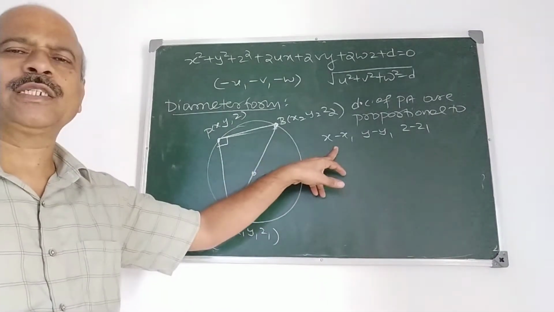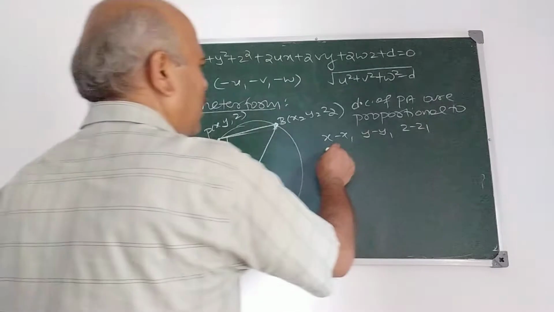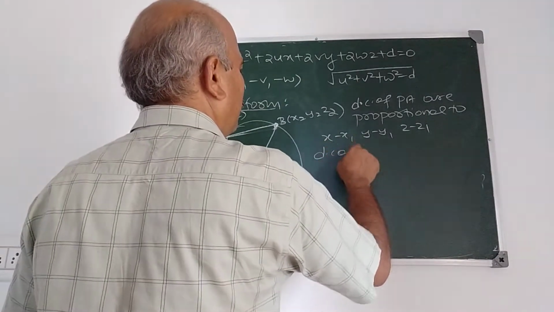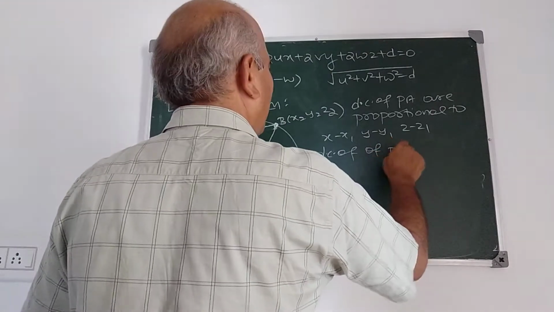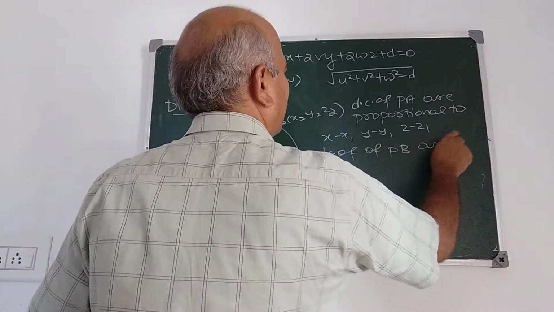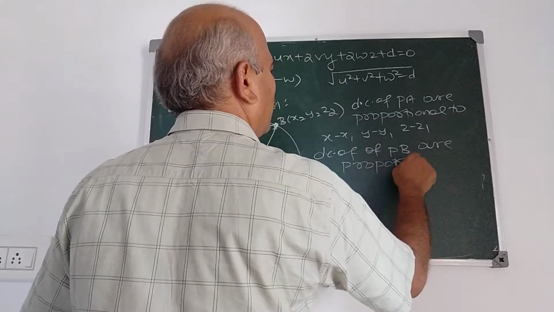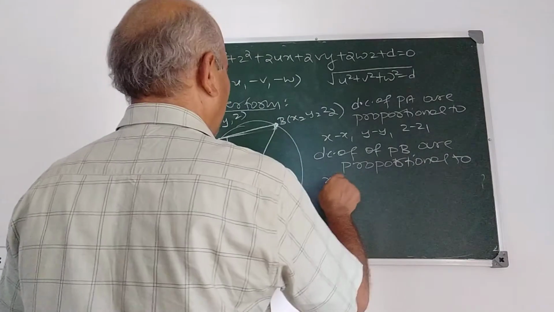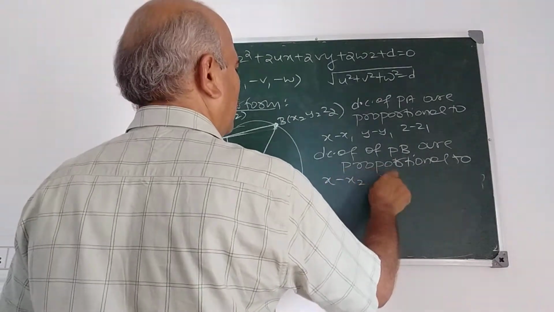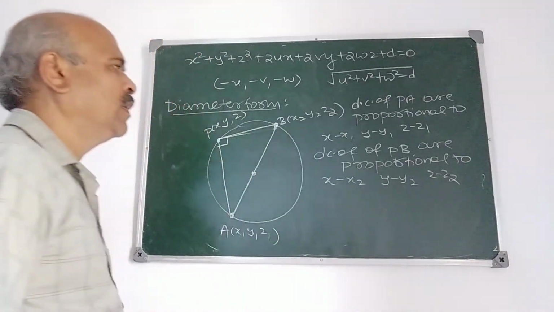They are not actual direction cosines; they are proportional to this. And the direction cosines of PB are proportional to x - x2, y - y2, z - z2.